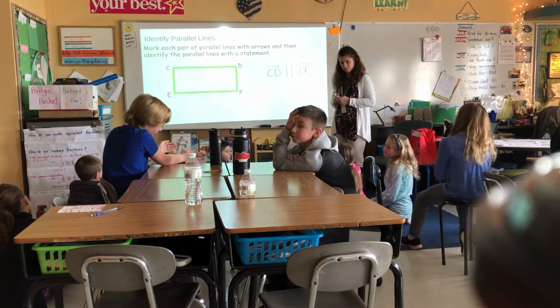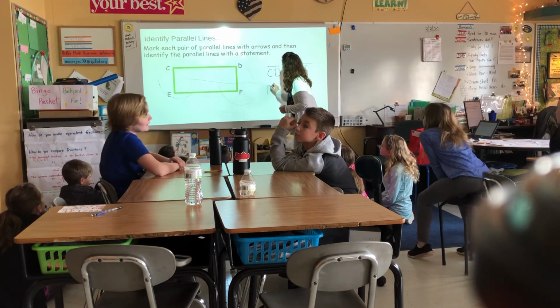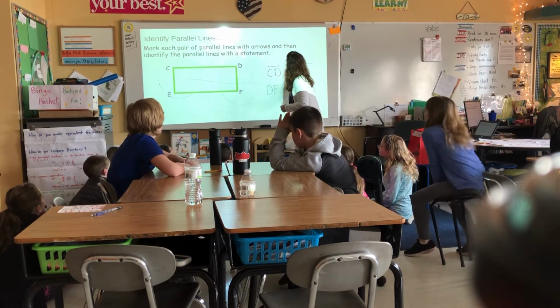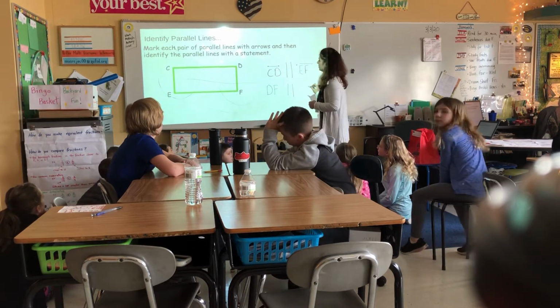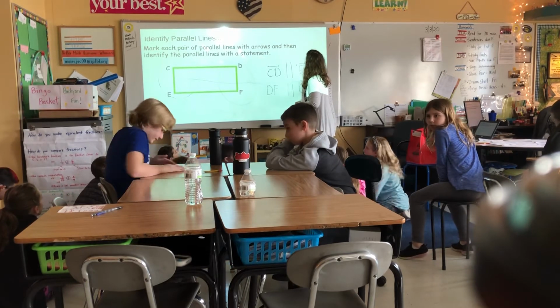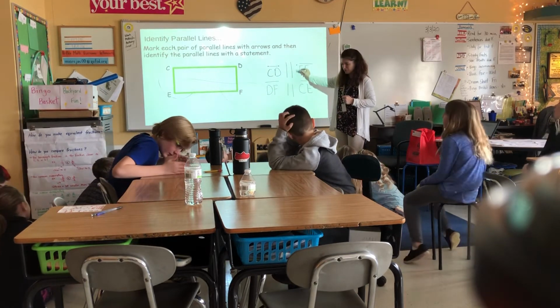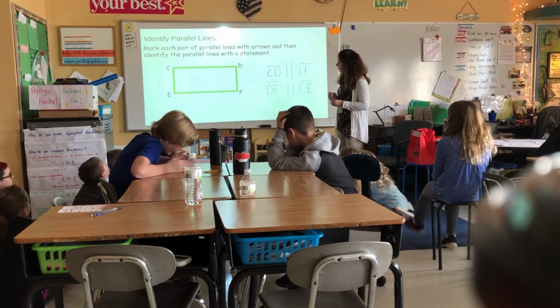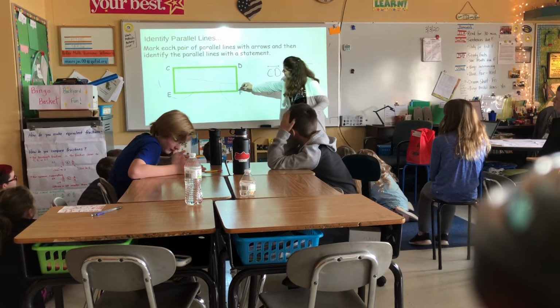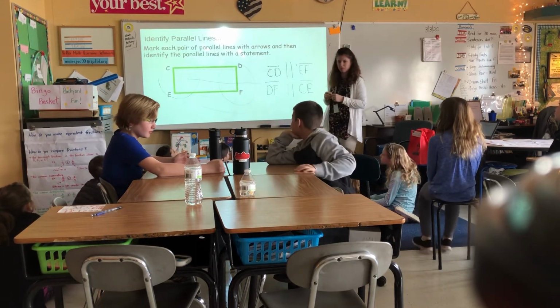Catherine? DF and CE. Absolutely. So DF could be parallel to CE. Does everyone see the two sets?